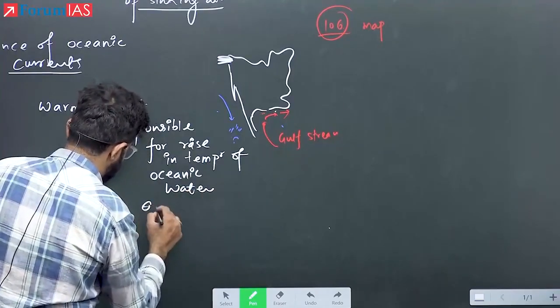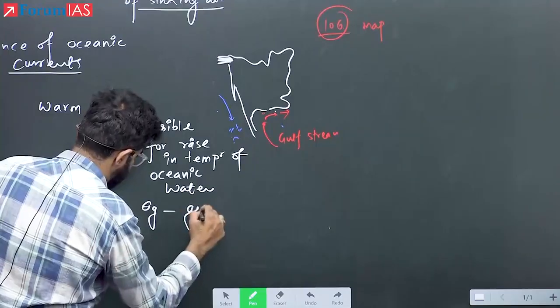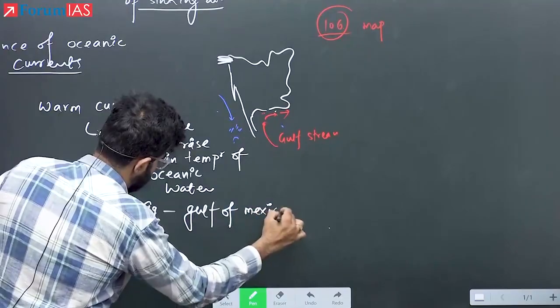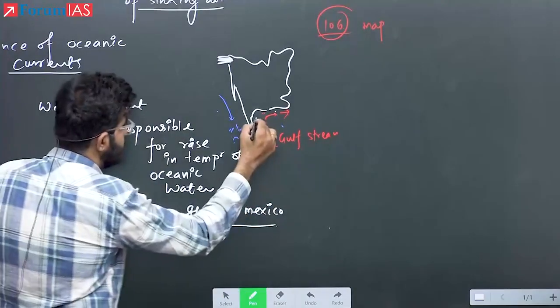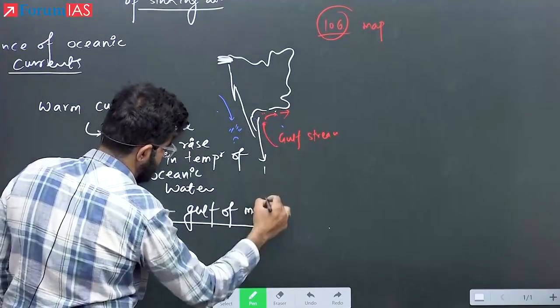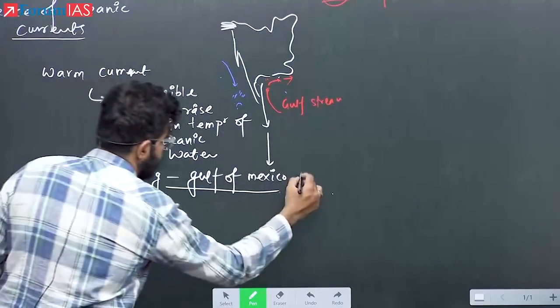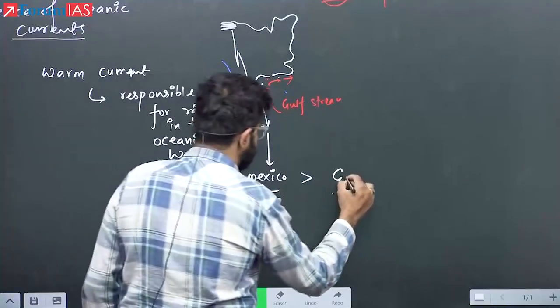Example, Gulf of Mexico. So the Gulf of Mexico is nothing but this area, right? The Gulf of Mexico will have a higher temperature than the Gulf of California.